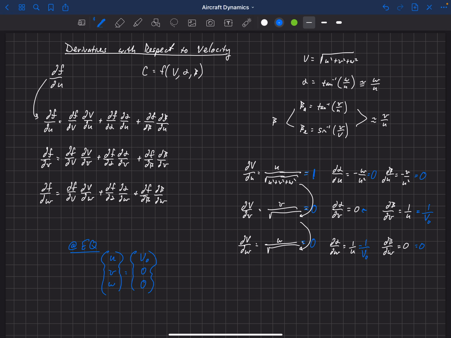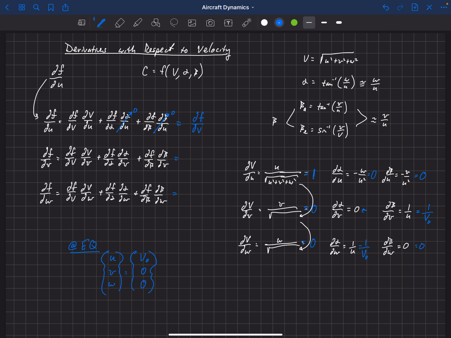Okay, so now we can plug these all in, and at our equilibrium state, these derivatives then can be approximated by, well, we can just walk through here. So d alpha du is 0, d beta du is 0, and so we're left with just the first term here, df dv times dv du. dv du is 1. So this all simplifies to the partial of that with respect to capital V, okay?